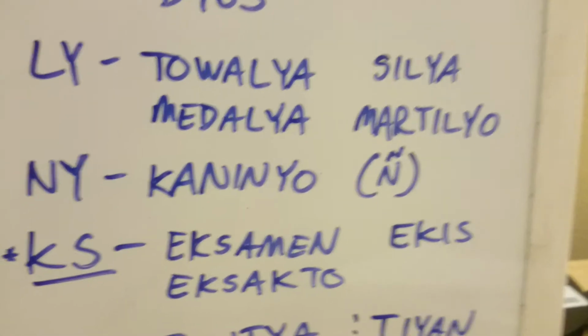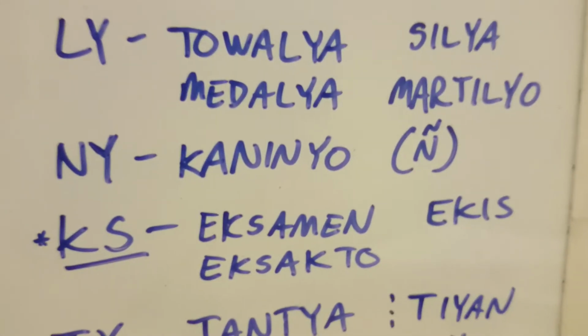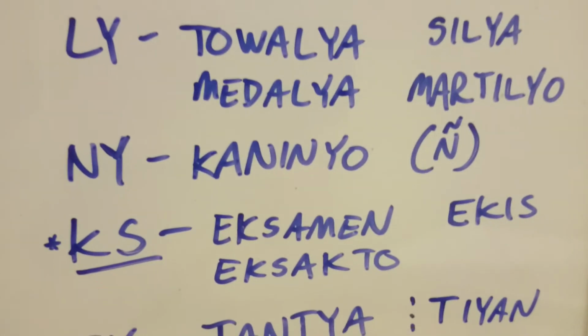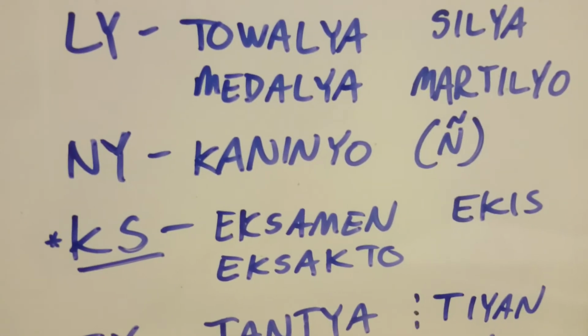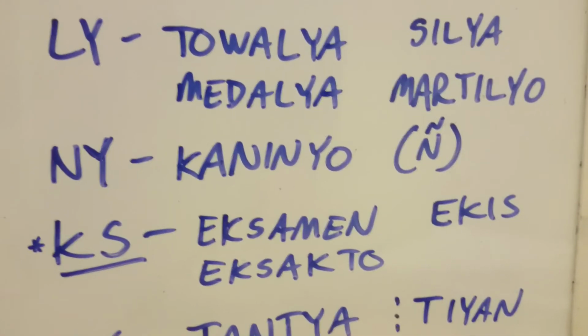Next one is short. I couldn't really find any other examples with this one when I was making this video. It's the nya, like canyon, the nya sound from Spanish.